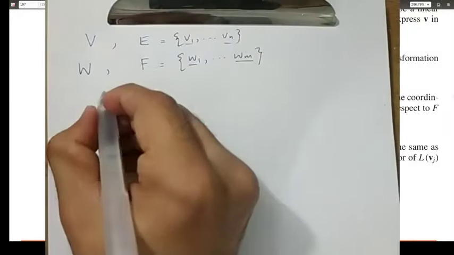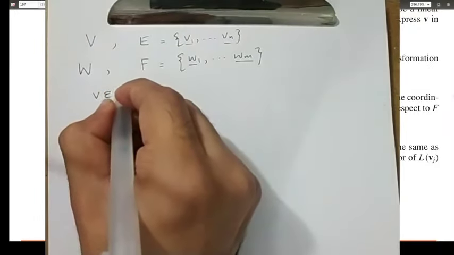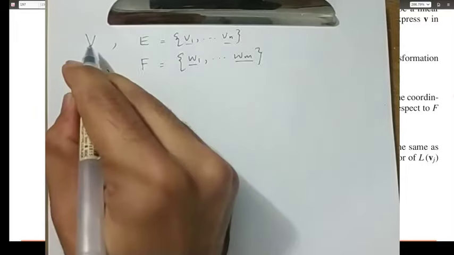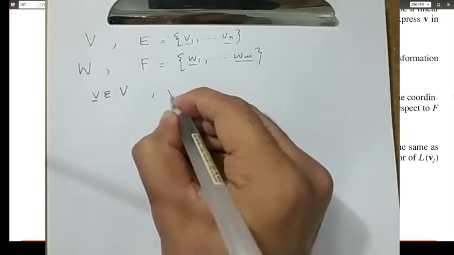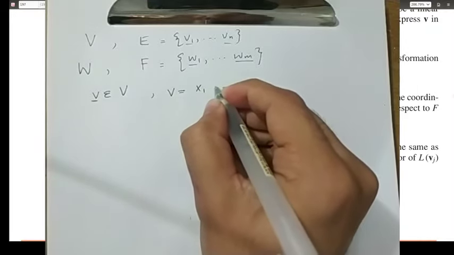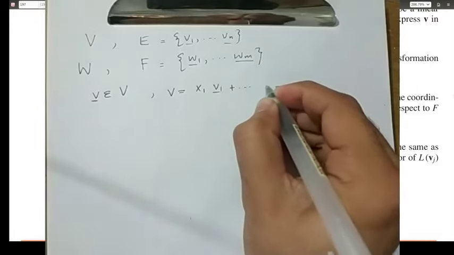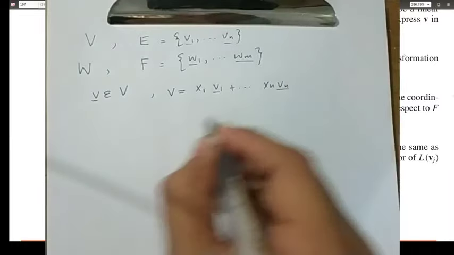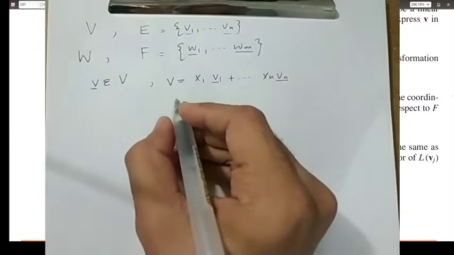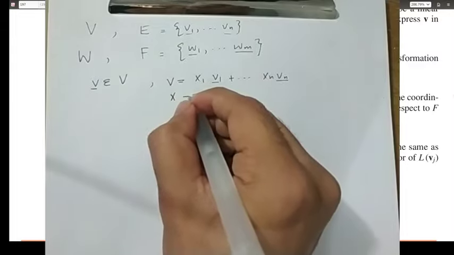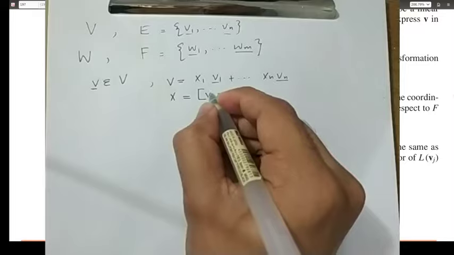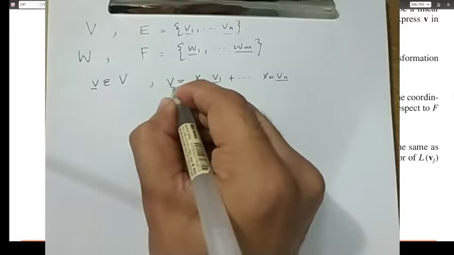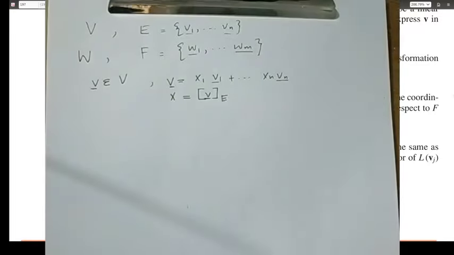We have a vector v in vector space capital V, and if we have this vector, we can express v as x1 v1 plus xn vn, such that we can say x is equal to the representation of vector v in basis E. Okay.